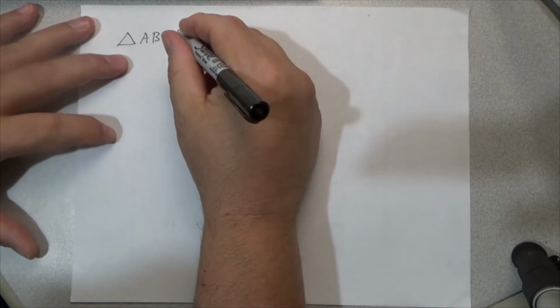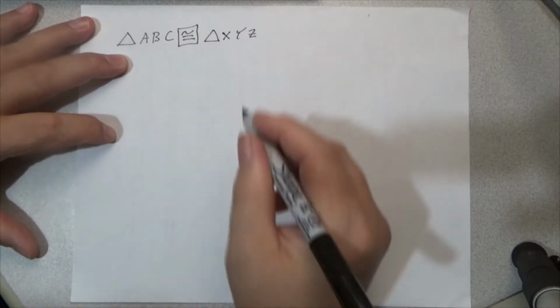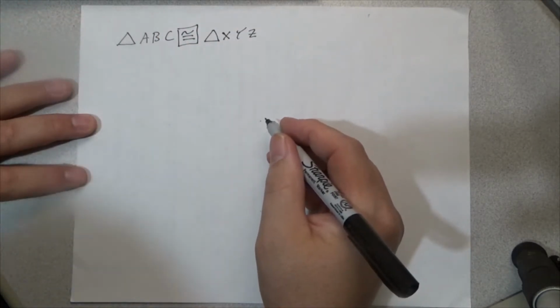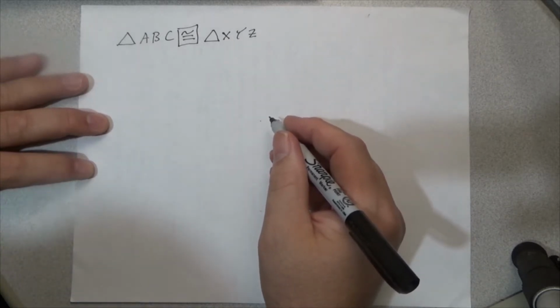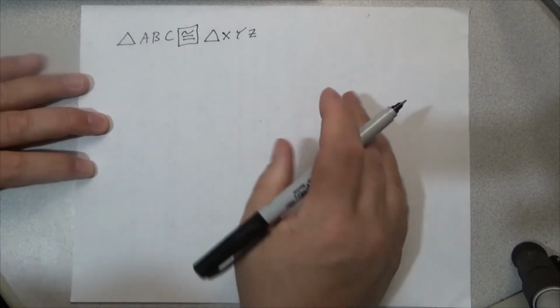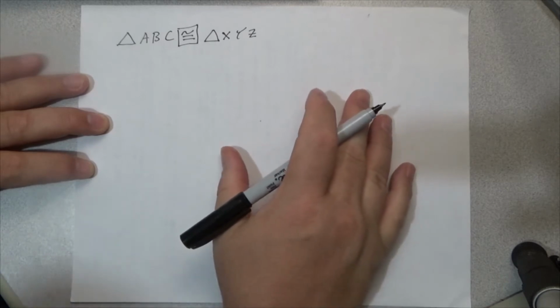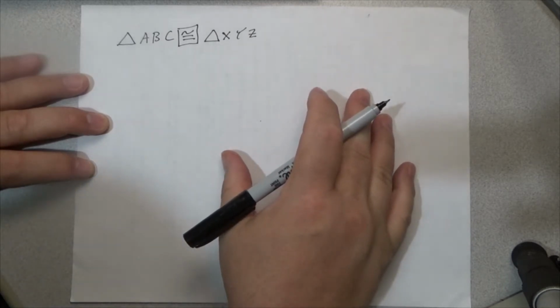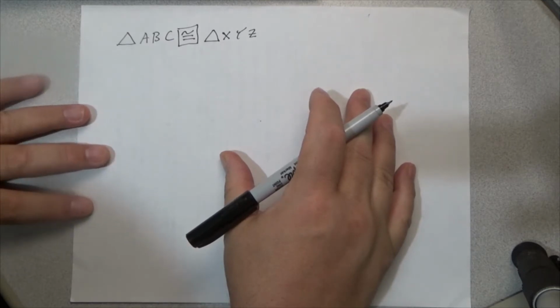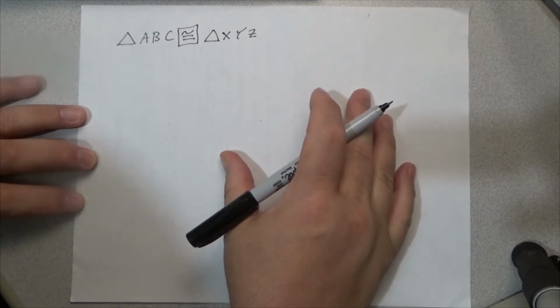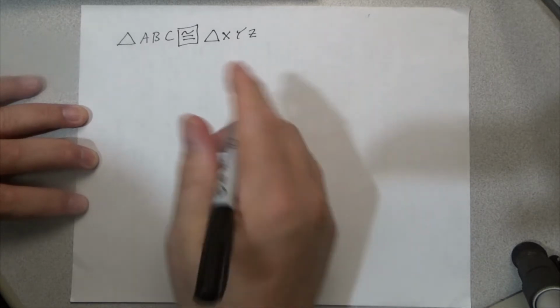This symbol means congruent. Now there's a term that we're going to be throwing around in the next few sections called corresponding. It means a lot of different things, but for triangles, corresponding parts of congruent triangles are equal. Well, how do I know if two triangles are congruent?